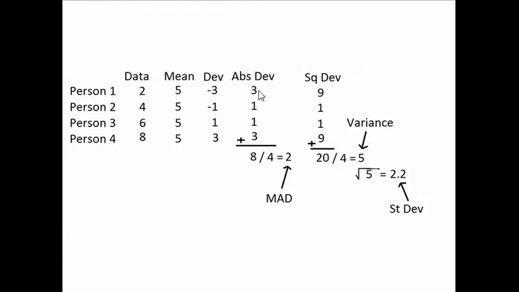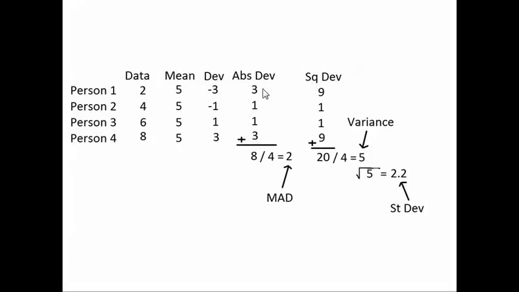Now that the absolute deviations are 3, 1, 1, 3, the absolute deviations add up to 8, and 8 divided by 4 is 2. So that's why the MAD went up from 1.5 to 2. So basically, these first and last absolute deviations are responsible for the fact that the MAD increased. When these first and last absolute deviations went up, the MAD went up as well.